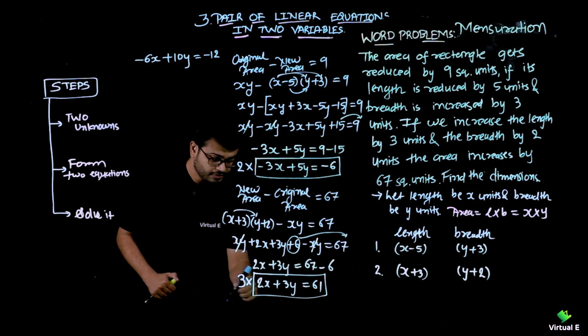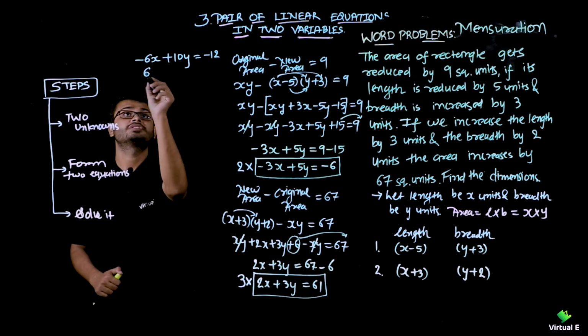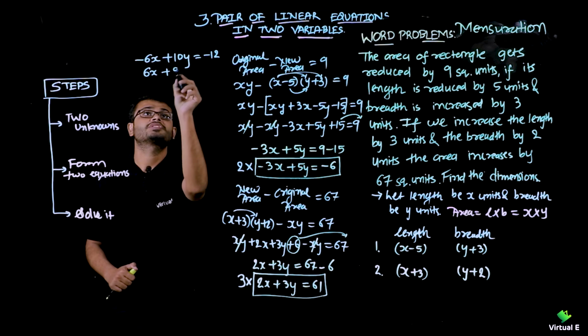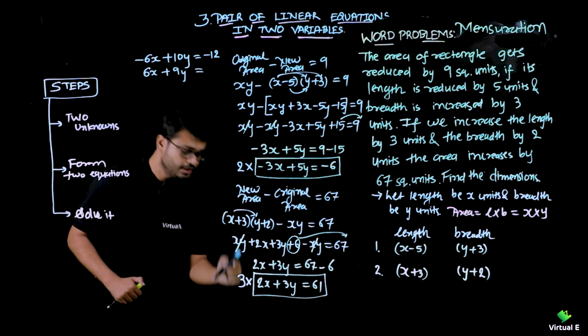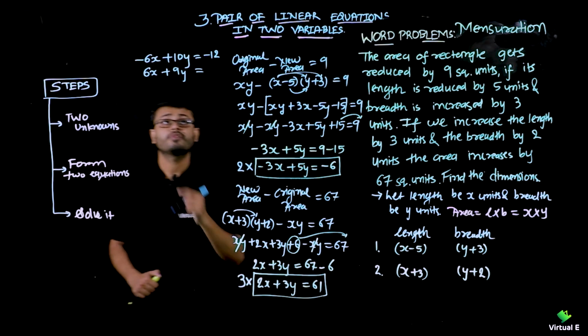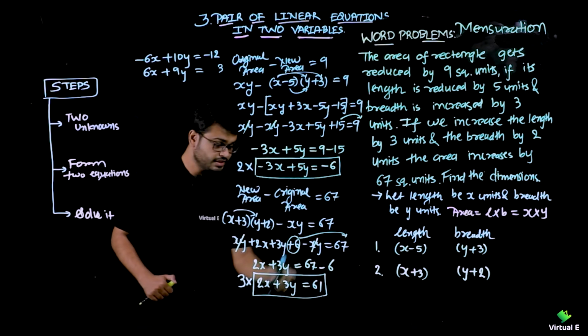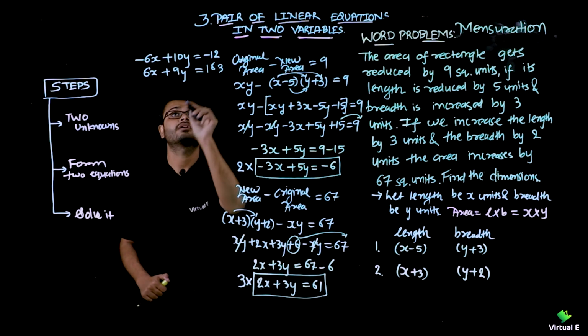Let's do over here, 3 into 2, that will give you 6x, then 3 into 3, that will give you plus 9y is equal to 3 into 61. What will you get? Here 3 1s are 3 and 3 6s are 18, right?